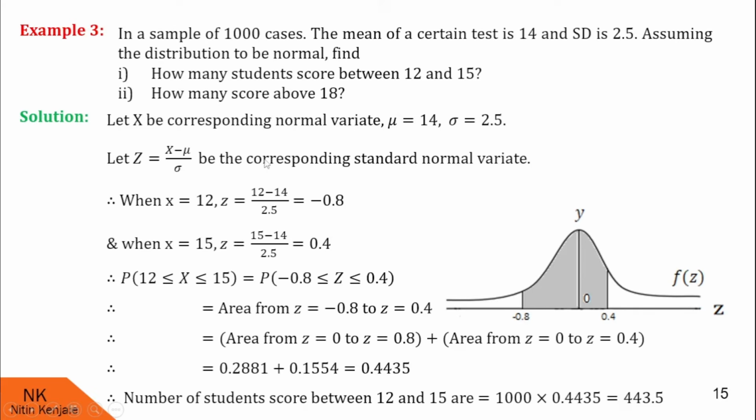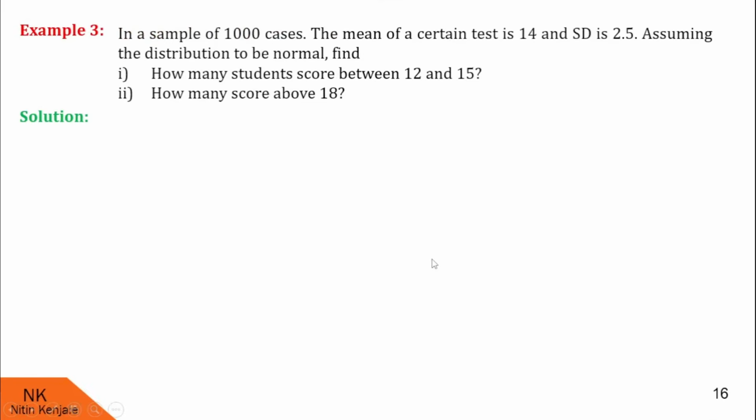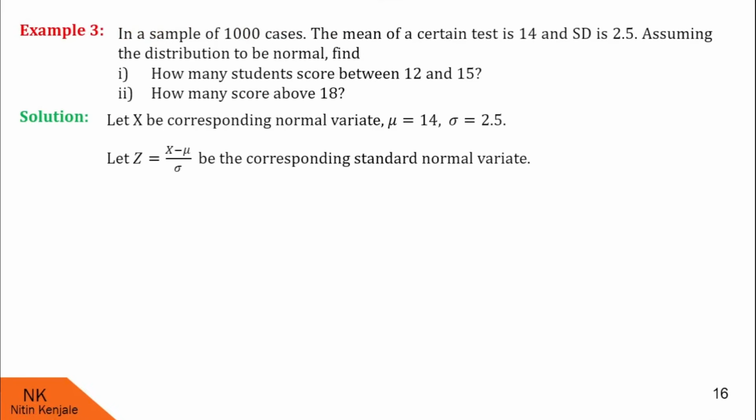Next we calculate how many students score above 18. For that, we will calculate the z value at x equal to 18 using this formula. We see z is 1.6 when x is 18. So the probability that x is greater than or equal to 18 is the same as the probability that z is greater than or equal to 1.6.